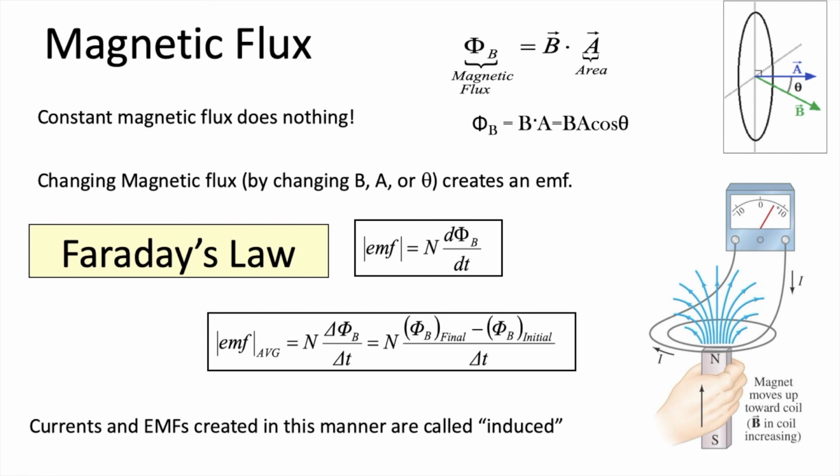And this is what Faraday's electromagnetic law is: the rate of change of flux induces EMF in the wire, and hence that EMF produces the induced current in the wire.